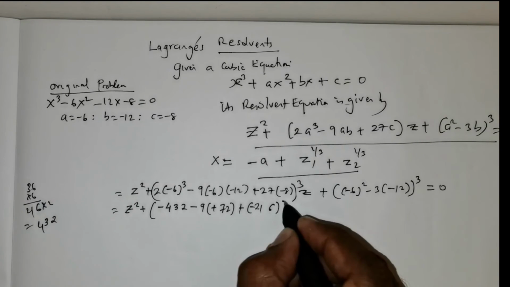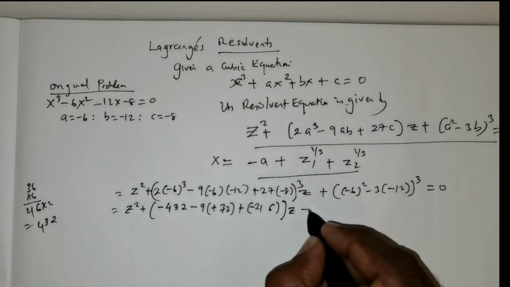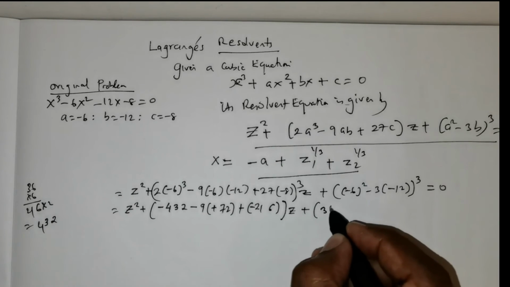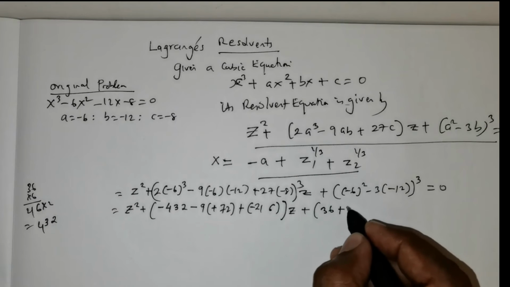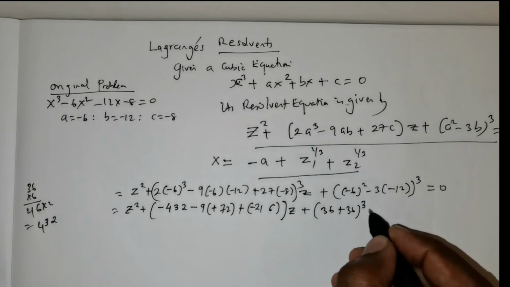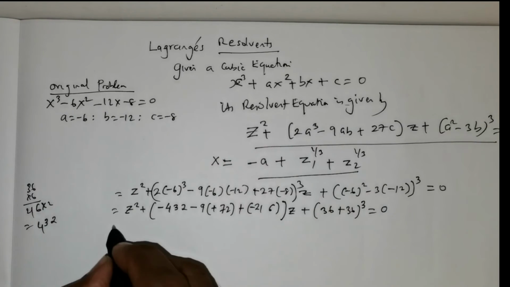That has to be multiplied with z. Then plus 36, negative negative positive 36, that has to be raised to the power of 3, equal to 0.